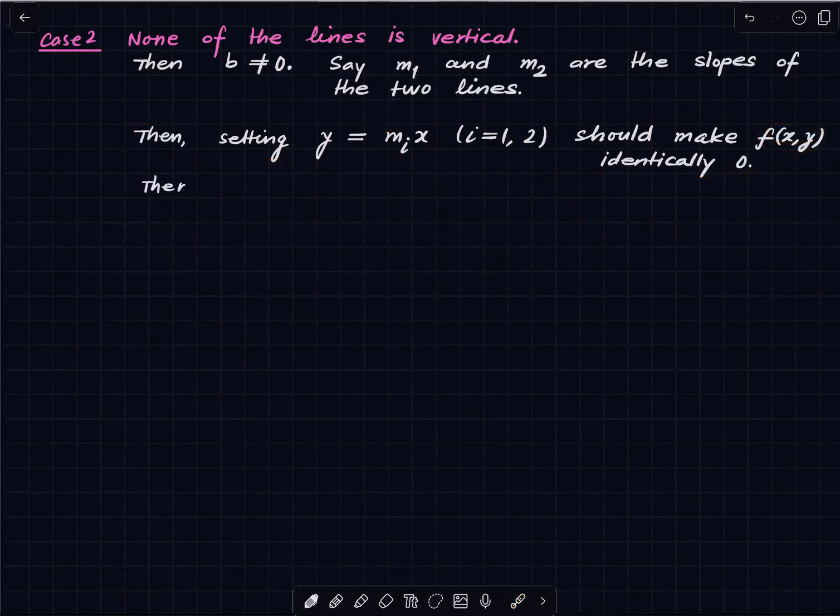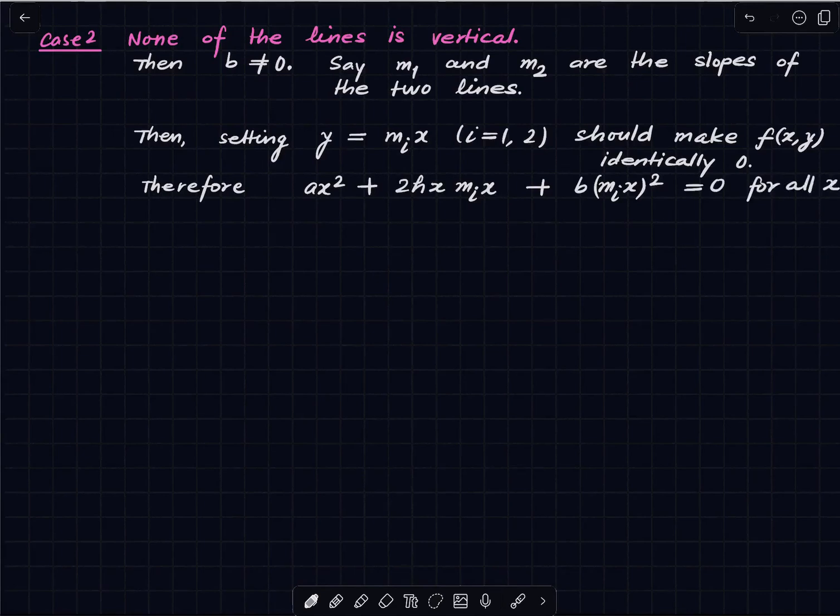Alright, so what we have is a x squared plus 2h x m_i x plus b m_i x squared is 0 for all x. For all real x, I mean, which implies, let me write it this way.